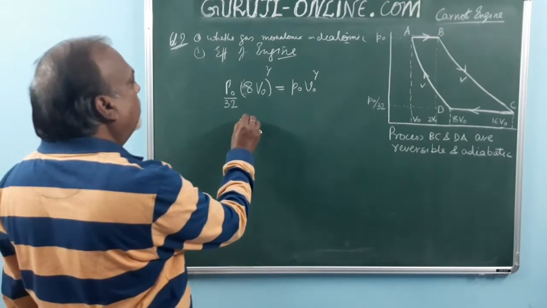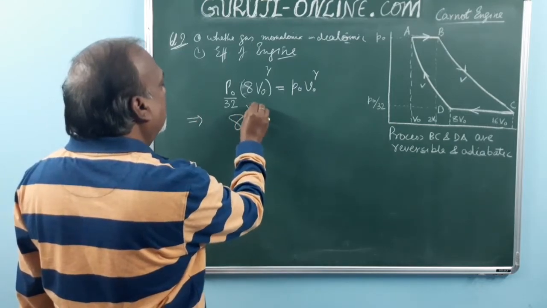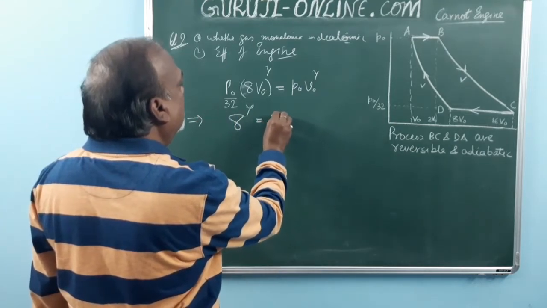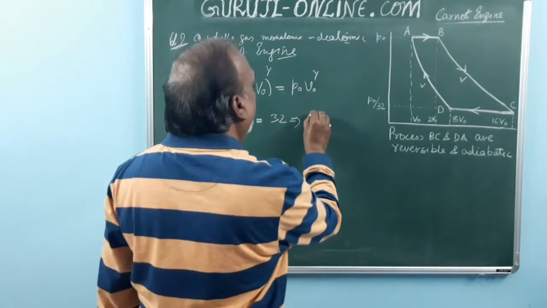So we can find out, this will give you 8 to the power gamma is nothing but 32.